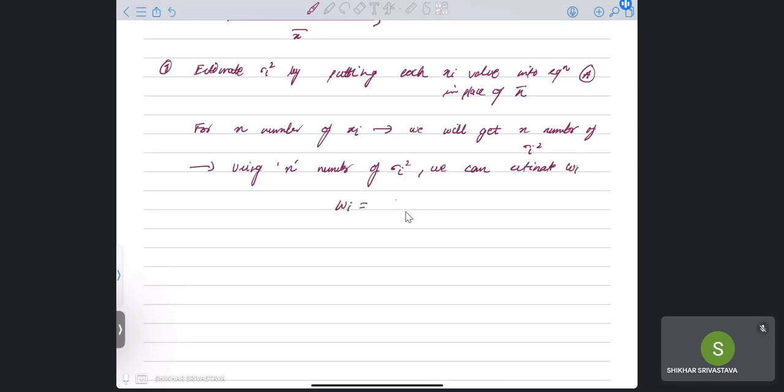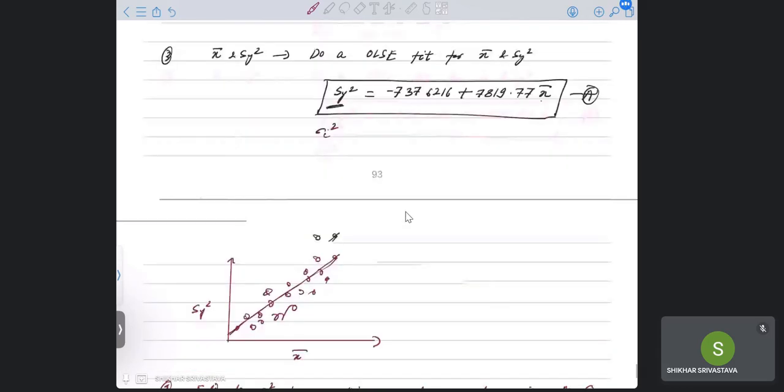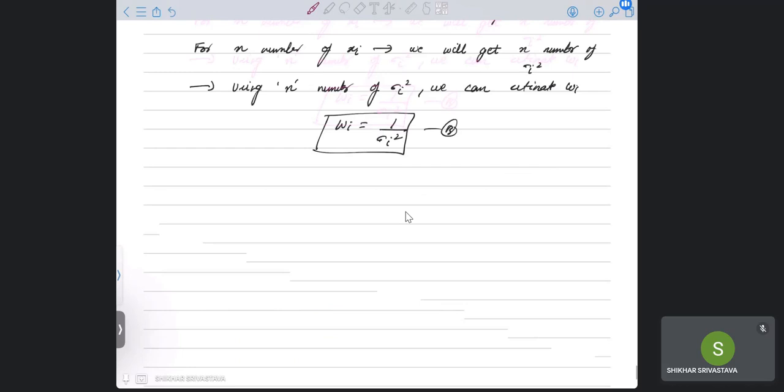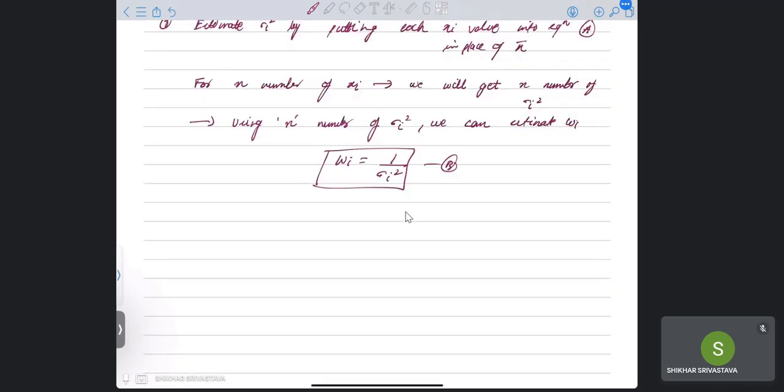Wi is equal to 1 upon sigma I square. So you just put the xi value into this equation, get n number of sy square, which is nothing but sigma I square, and then you get n number of weights. The weight is inversely proportional to sigma I square, a property which I've already told.